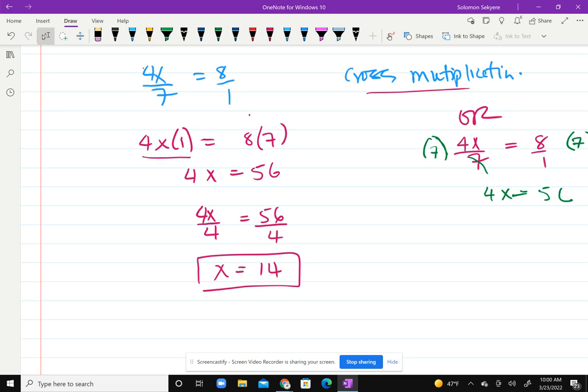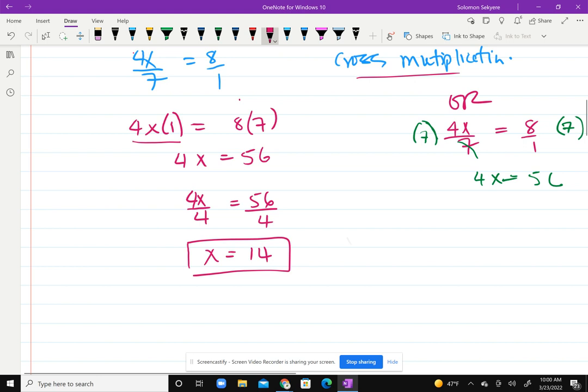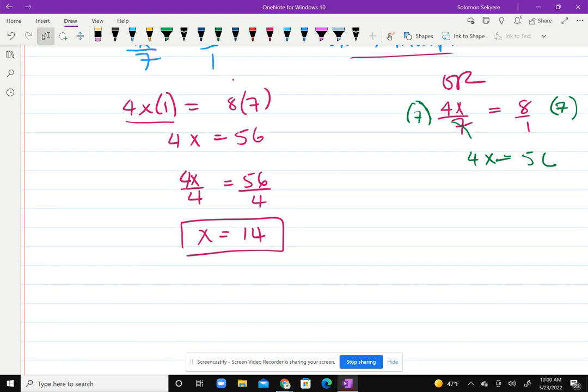And finally, I divide by the coefficient of the x, and I don't jump steps. Step by step, at least not until you master it. And then x equals 14.